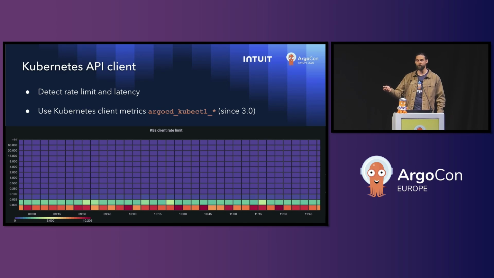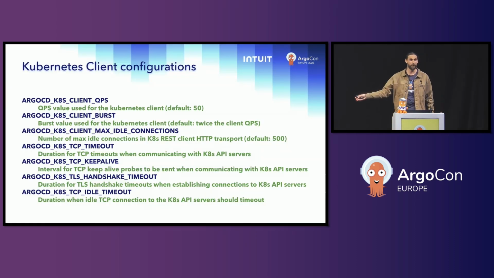So in Argo 3.0, we added the client-side metrics, so now it's easier to monitor if we're being rate limited or if we have latency when interacting with the API server. If we do, you can configure any of those metrics.